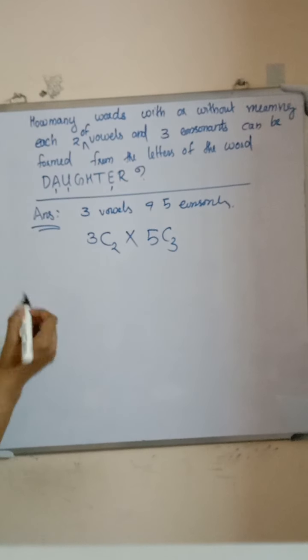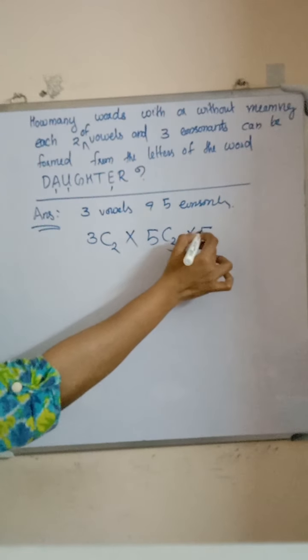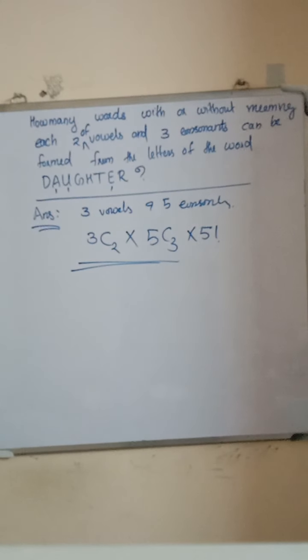Also, we can arrange the 5 letters in 5 factorial ways. So the total number of ways is 3C2 into 5C3 into 5 factorial.